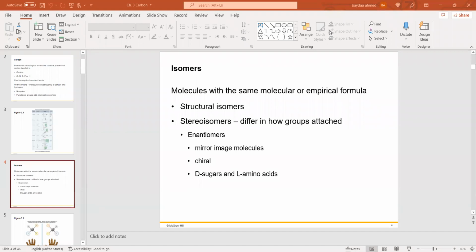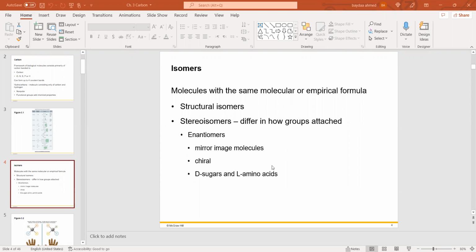Isomers are compounds with the same molecular formula but different structures and properties. There are two types of isomers, structural isomers and stereoisomers. Structural isomers differ in the actual carbon skeleton, and stereoisomers differ in the spatial arrangement of groups attached to a carbon skeleton.